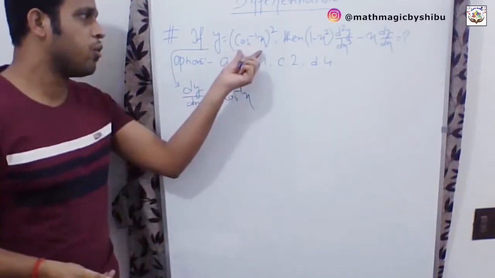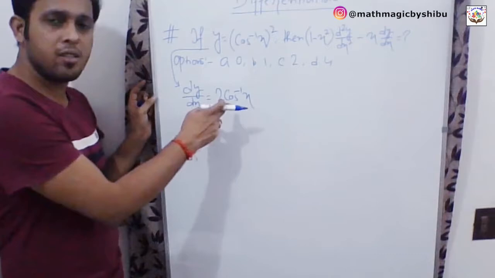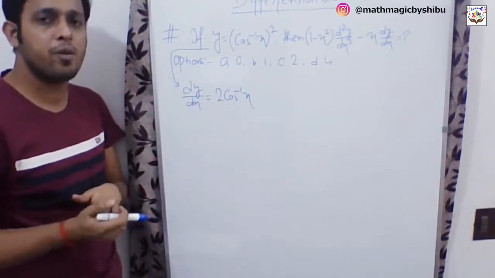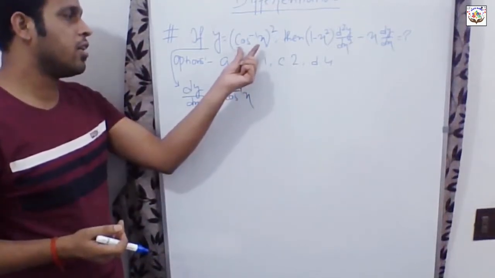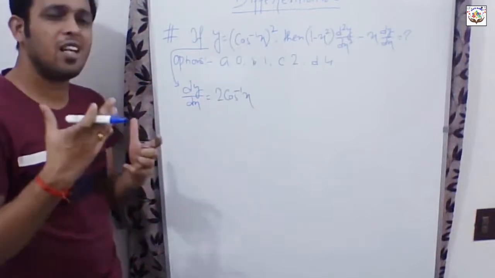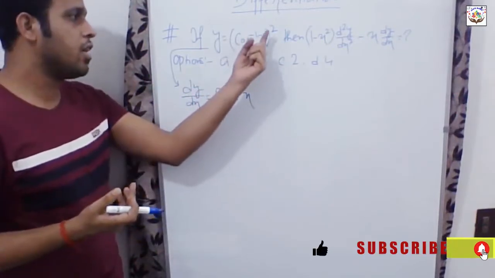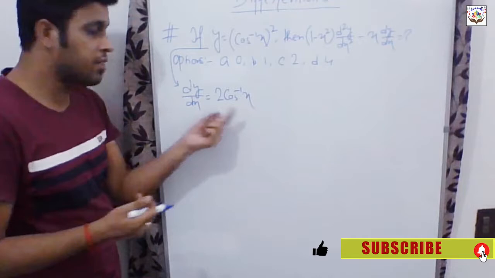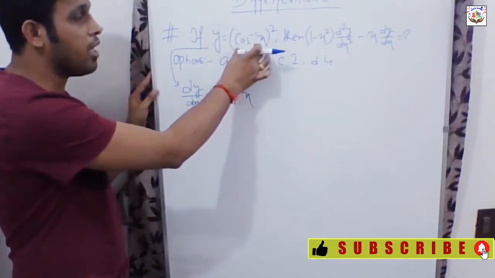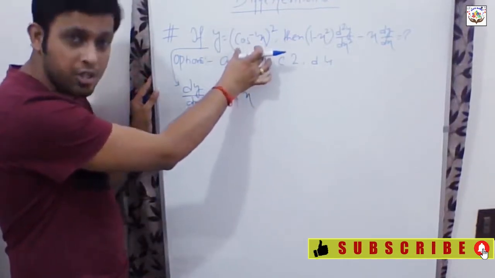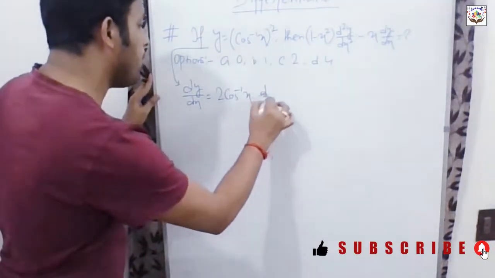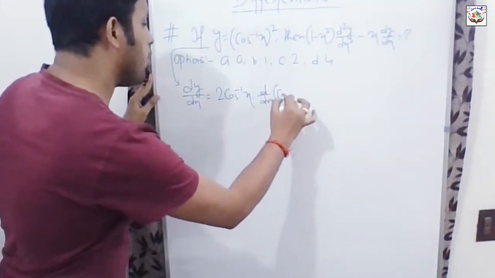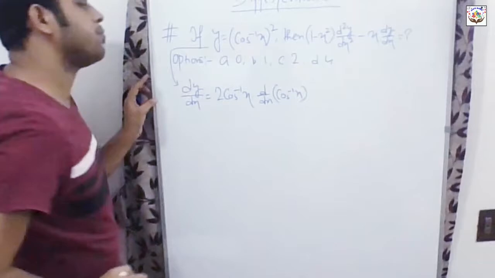If it is x square, then we would have written 2x, because we are differentiating with respect to x. So similarly, consider cos inverse x as x only. So similarly, it will be 2 into cos inverse x, and as it is not x, instead of x we have cos inverse x. That's why we will be differentiating cos inverse x again, right?